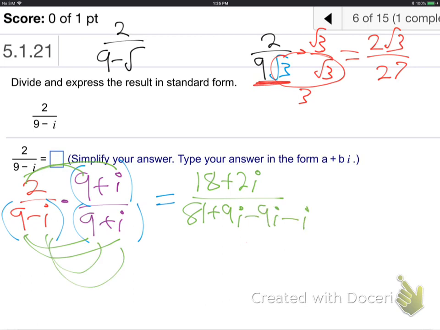Minus 9i, minus i squared. And then plus 9i minus 9i. Like that. Those drop out, right?